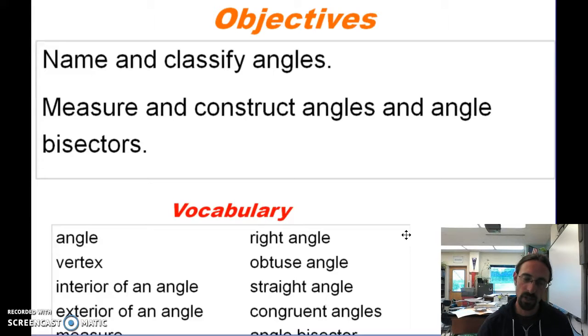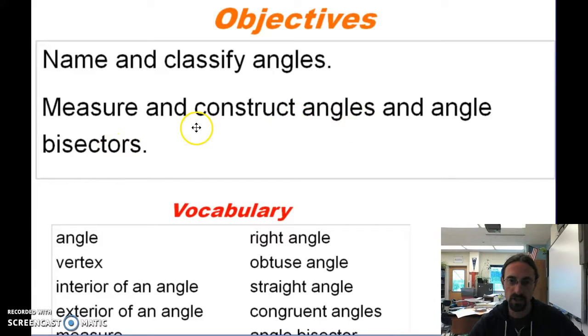And when we're in class, we're going to use some tools together, including the compass and the protractor and a straight edge. But we need to just talk a little bit about theory. So the objectives for today, we're going to be naming and classifying angles and measuring and constructing angles and angle bisectors.